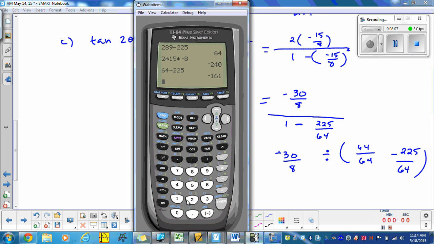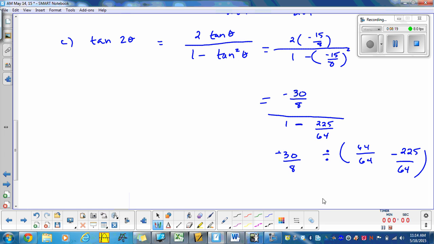So we have 64 minus 225. So that's 161, and we did that a little earlier. So it's negative. So we have 38 times 64 over 161, and it was negative.